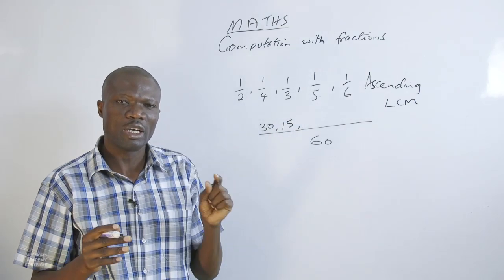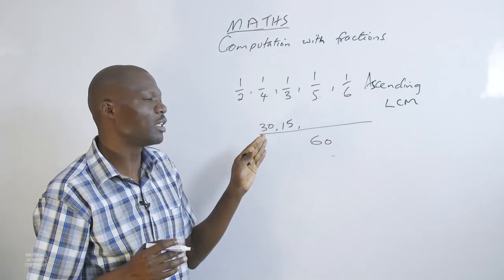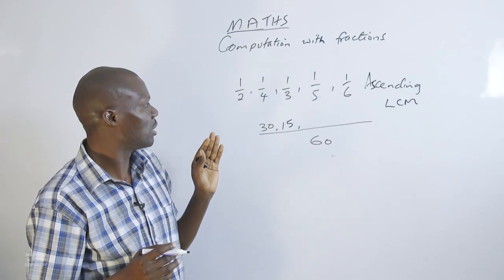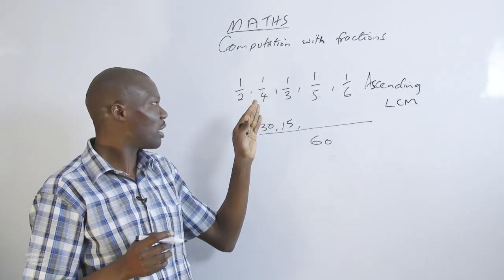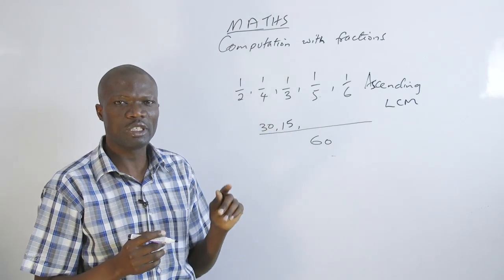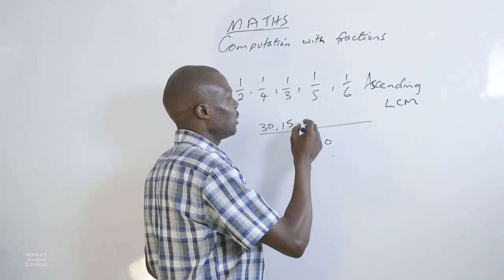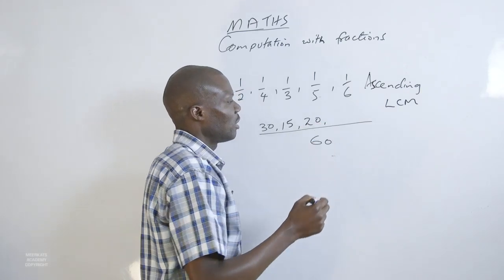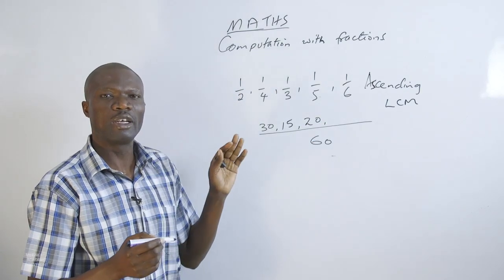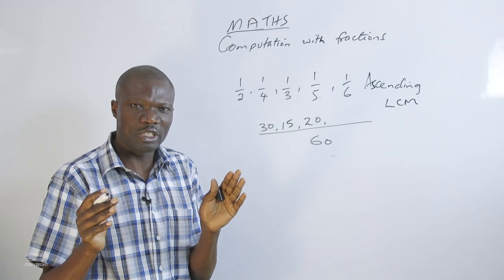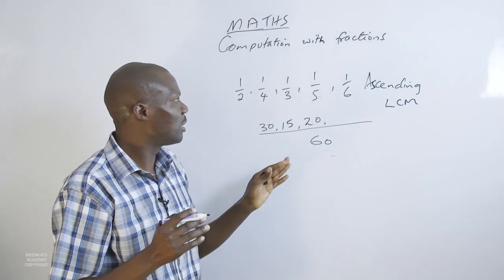So a quarter is equivalent to 15 over 60. Then 60 divided by 3 is 20 times 1 is 20. Therefore, a third is equivalent to 20 over 60.